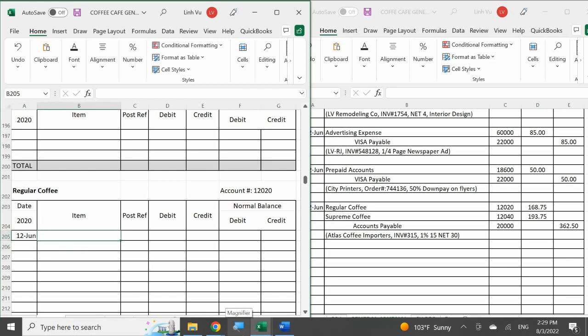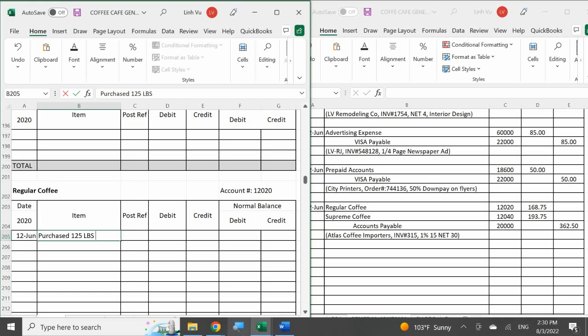So this is where I'm going to go ahead and put said I purchased 125 pounds of coffee. Now, do you want the unit price? It's up to your discretion, but at the end of the day, we're going to put the total cost of it anyway. So if you wrote that you have 125 pounds, how hard is it to just divide your total cost by the 125 pounds and you'd find out your unit price?